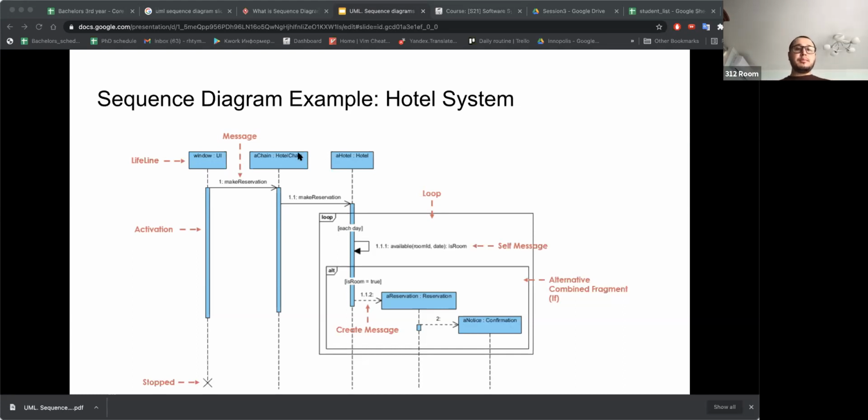These are basically objects. On the vertical axis you see how they interact over time. Time doesn't mean a specific time, but the duration of some operation. This shows how these operations can be in some order.